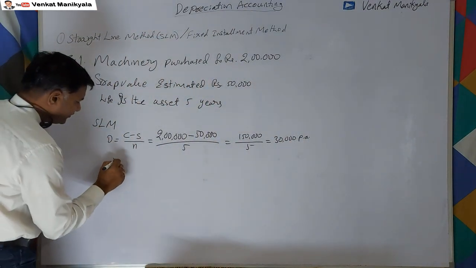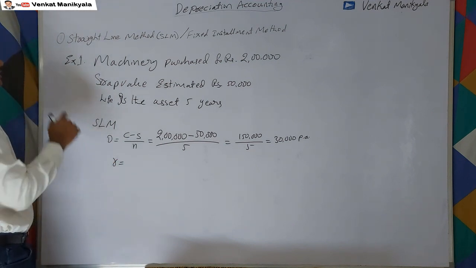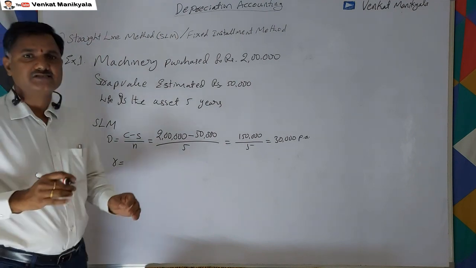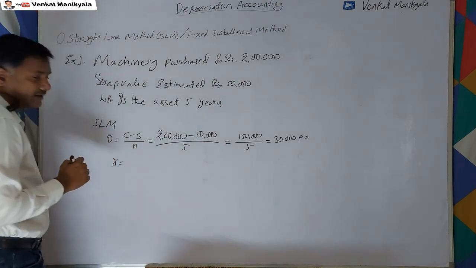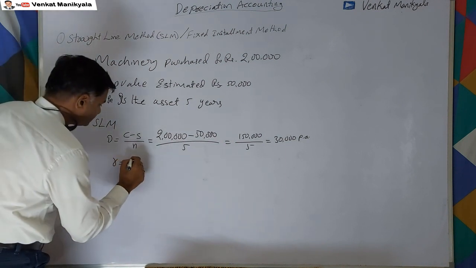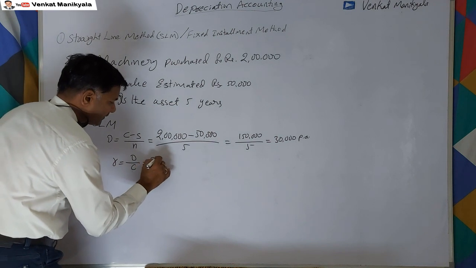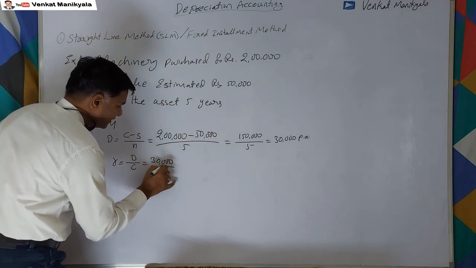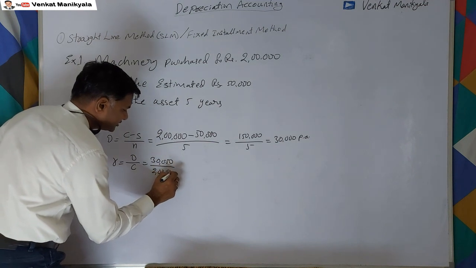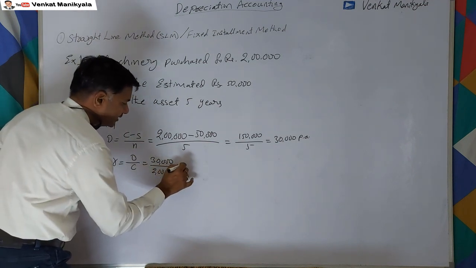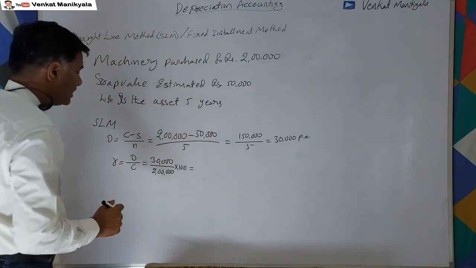So how to find out the rate of depreciation? In the straight line method, the rate must always be on the cost price, right? So the formula for rate of depreciation is depreciation divided by cost. Here it's 30,000 divided by 2 lakhs, the cost price, multiplied by 100, because whenever we say percentage, we have to multiply by 100.